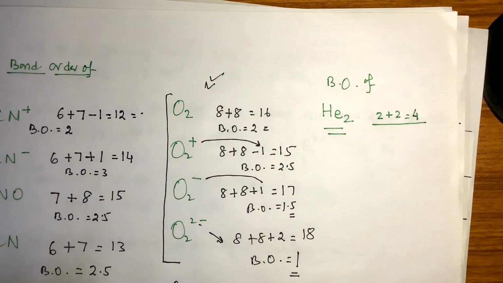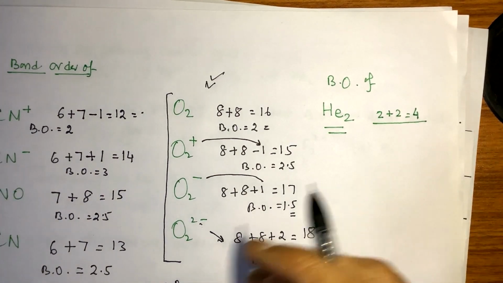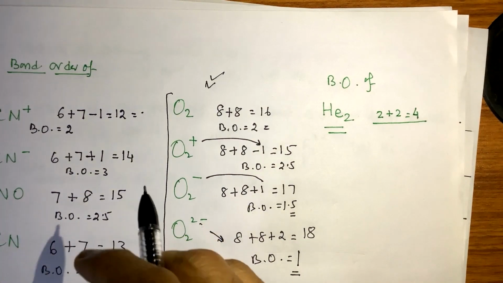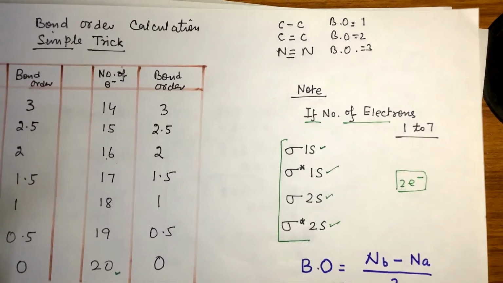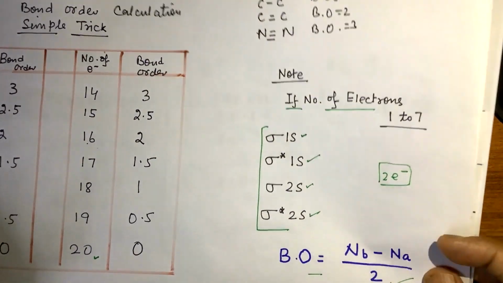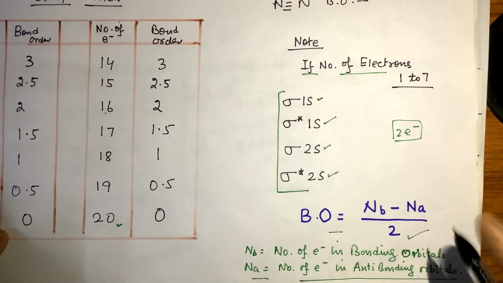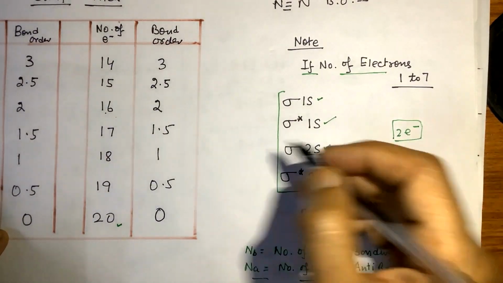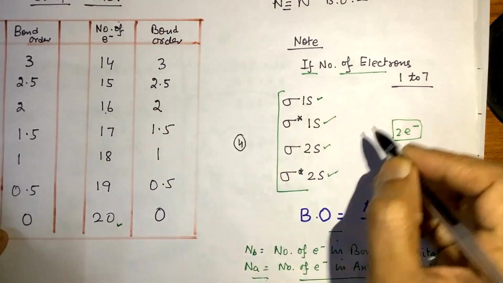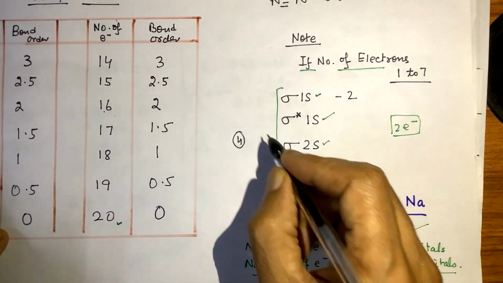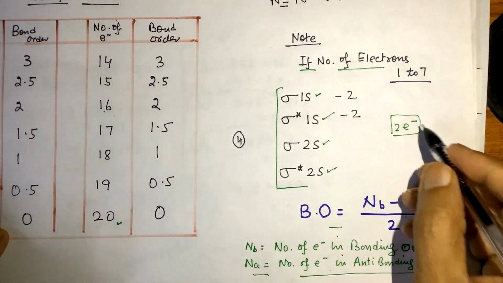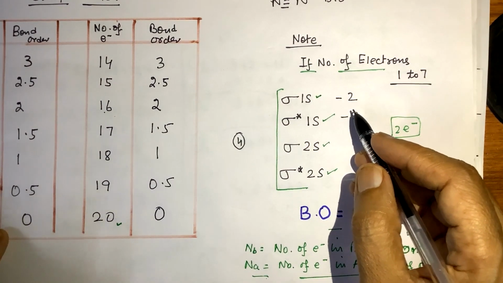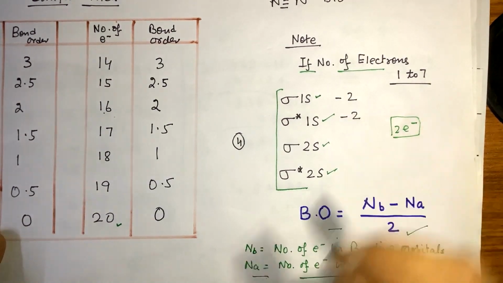Now we cannot refer to the table, but we can refer to this formula where we can arrange 4 electrons, here 2 electrons and here 2 electrons. 2 electrons at the most can be accommodated by one orbital.